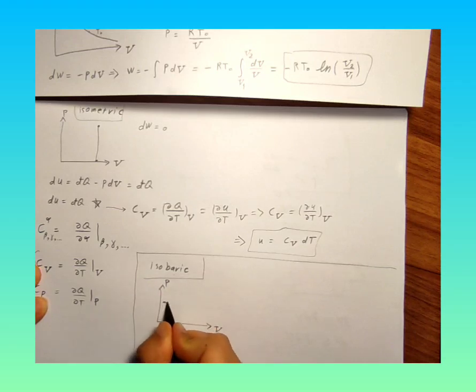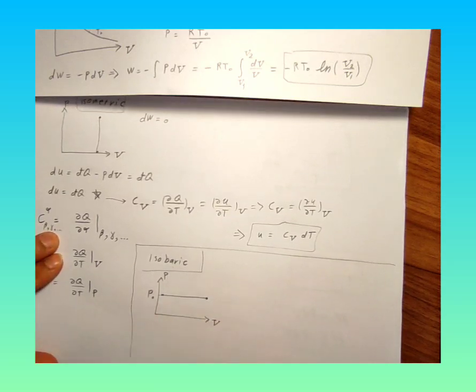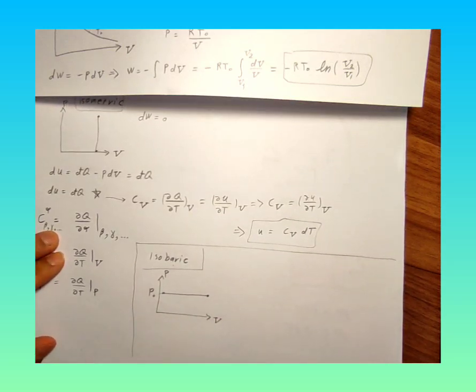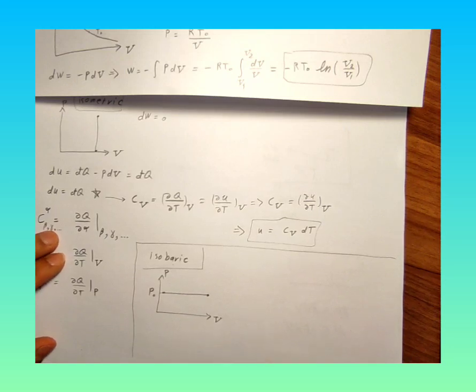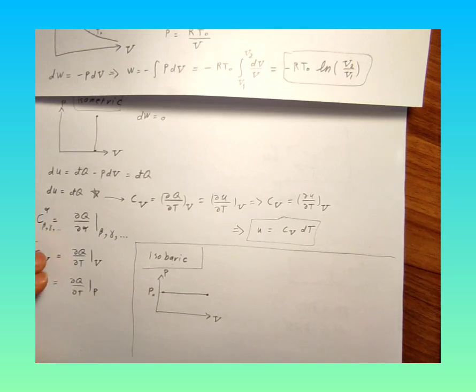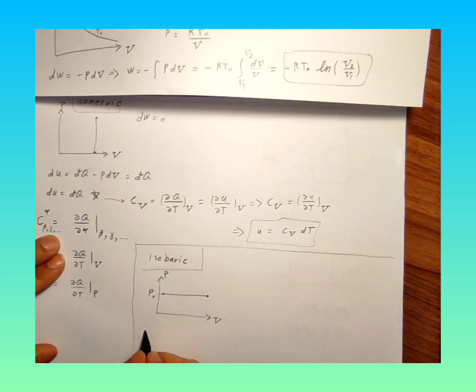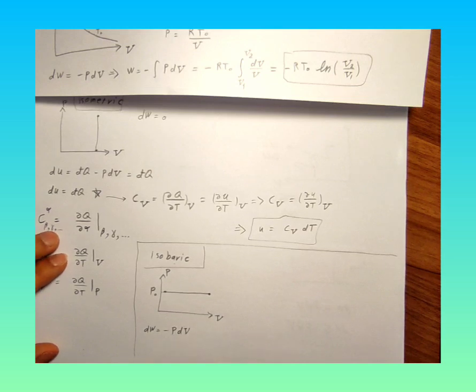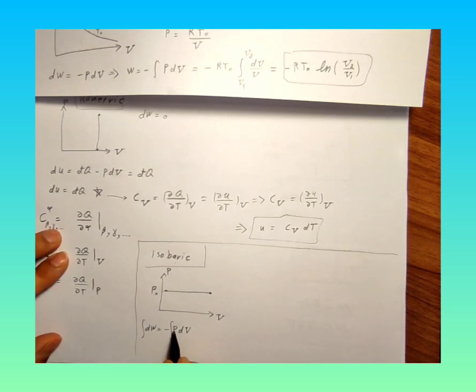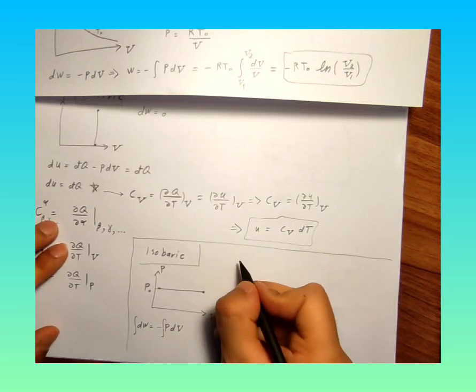For example, this process, pressure is constant, P0. You can calculate work, this is very easy. dW is minus P dV, and if you integrate, P is constant and goes out of the integral, and it's easy.